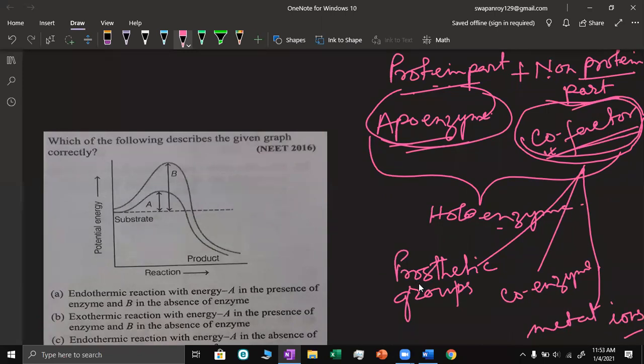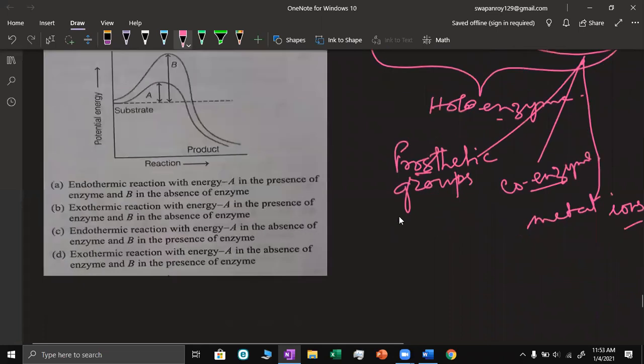The prosthetic group and the coenzymes are usually organic compounds, both.